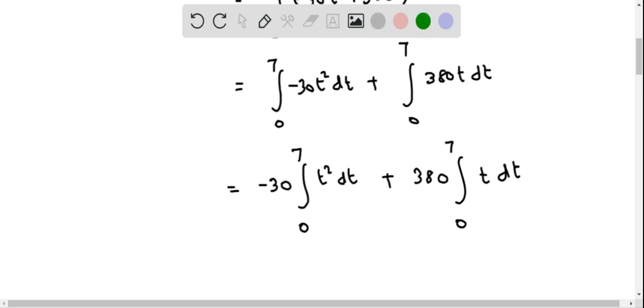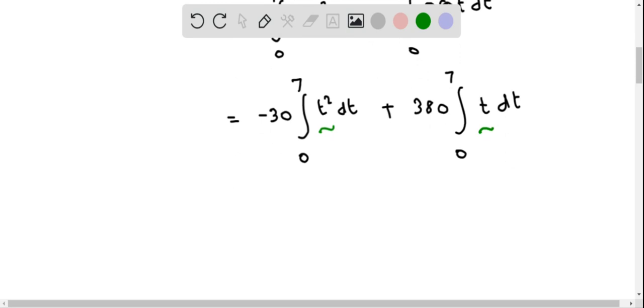So in the first integral we have to integrate t squared, and in the second we integrate only t. We use the power rule of integration: the integral of x raised to the power of n dx equals x raised to the power of n plus 1, divided by n plus 1.